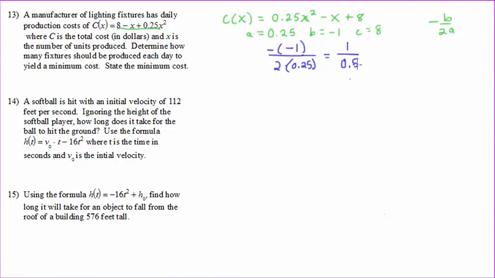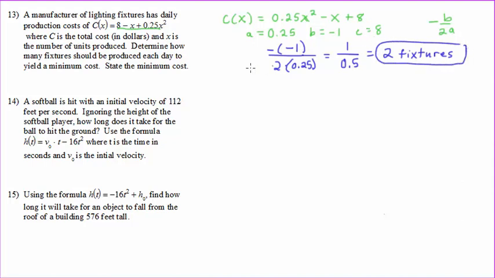And when you look at this, don't be like, I don't know what that is. Just put it on your calculator. 1 divided by 0.5 gives you 2. So if I think back to my problem, x was the number of fixtures that we produce. So we're saying you need to produce 2 fixtures.